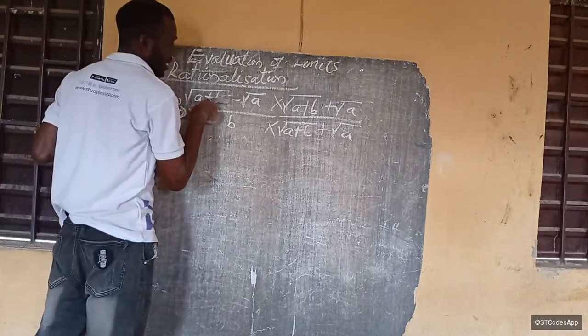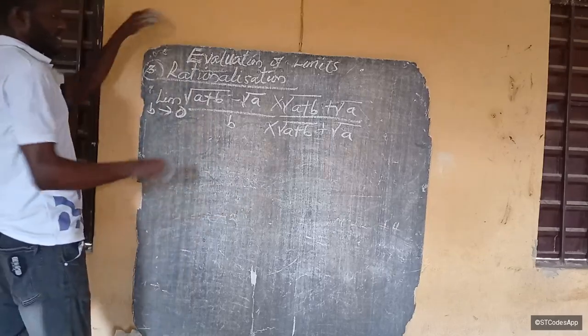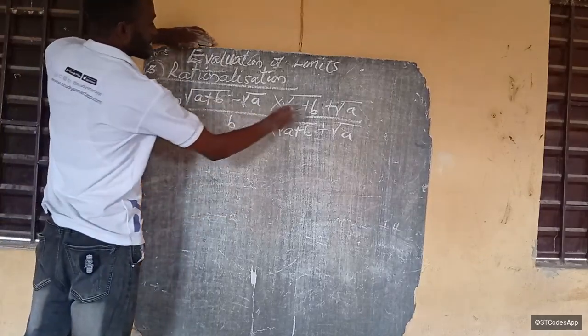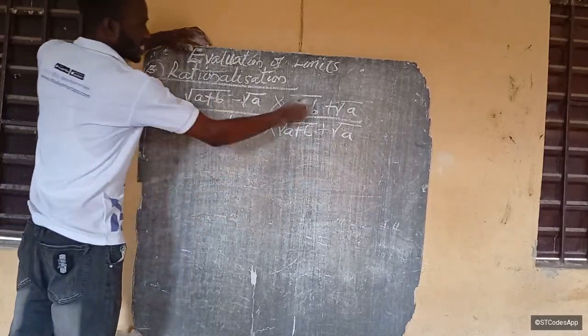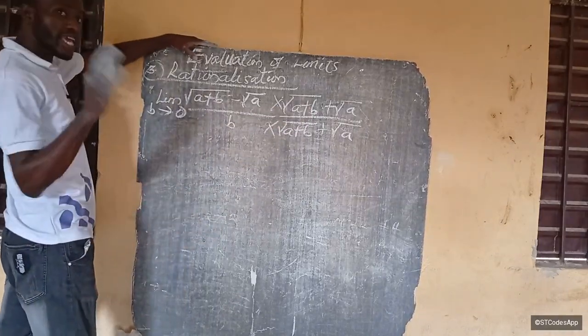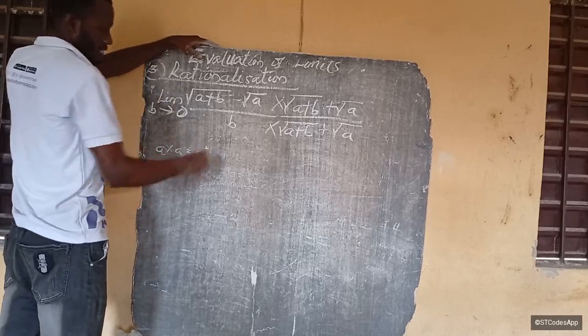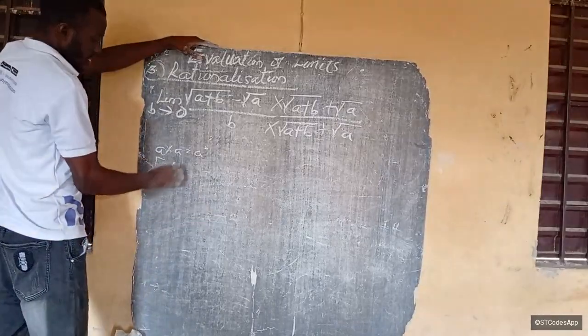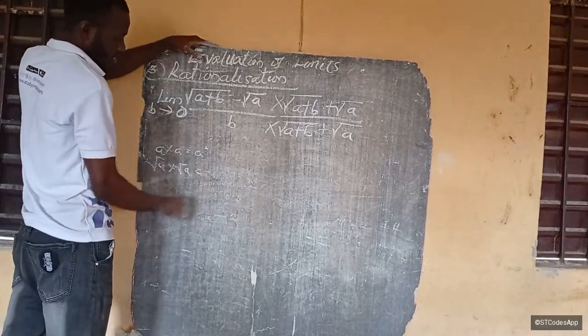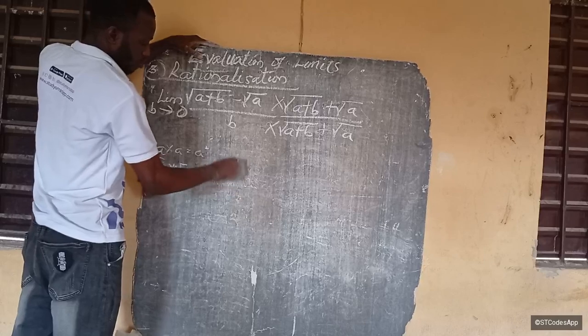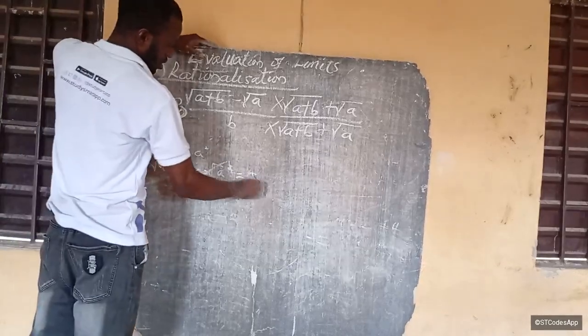If you multiply this by this, since this is the square root of a plus b and this is the square root of a plus b, the square root of a plus b times the square root of a plus b should be a plus b. Root a times root a will be root a squared; the square cancels the square root, and that becomes a.